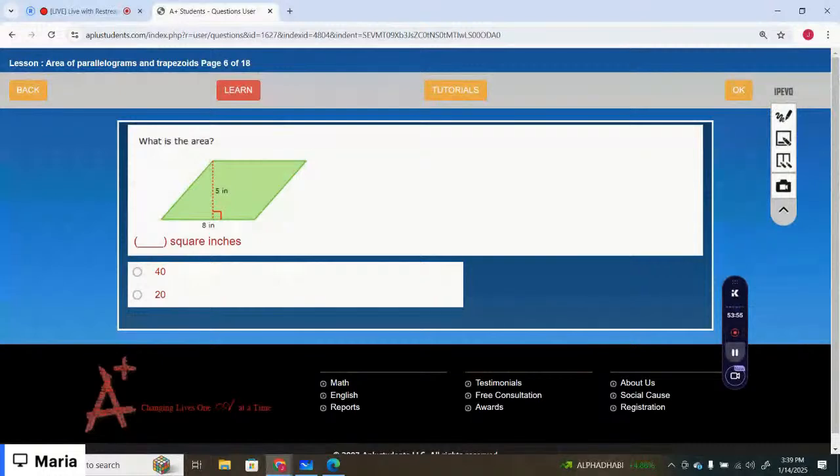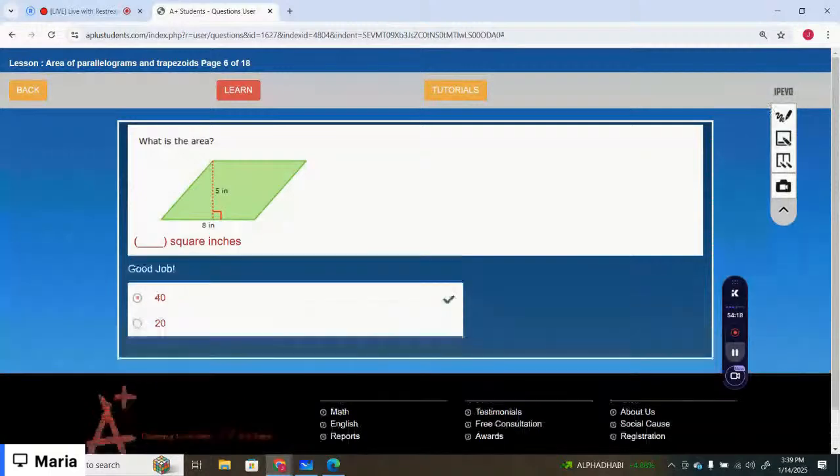Which is the correct option? That is 5 times 8 is 40. Option number 1 is the correct option.